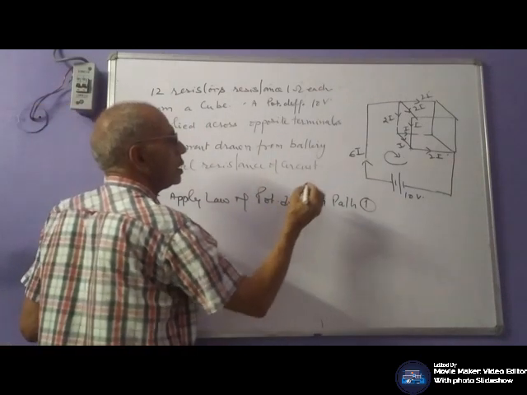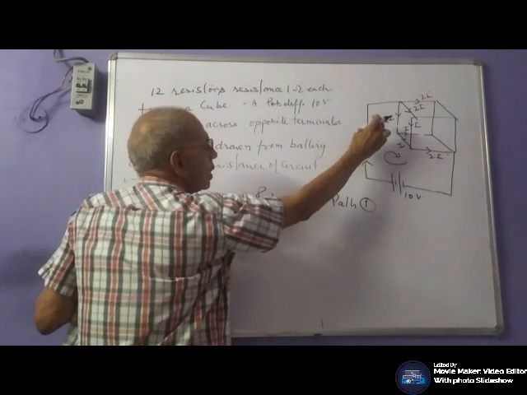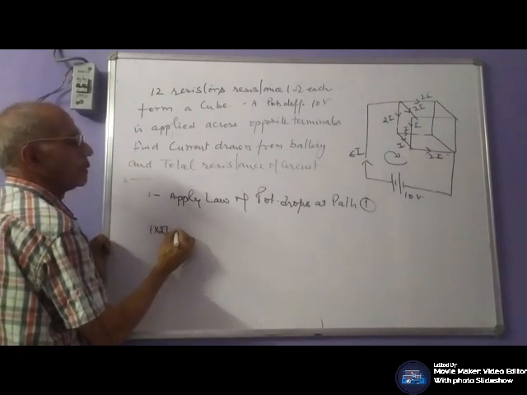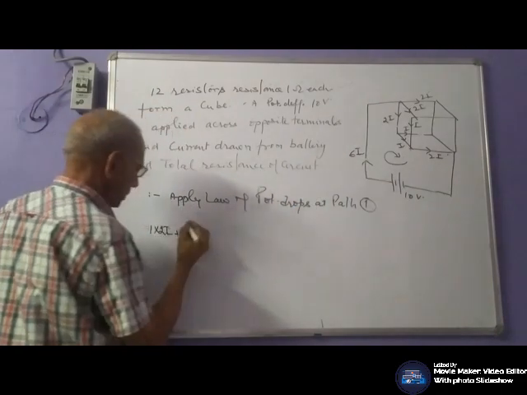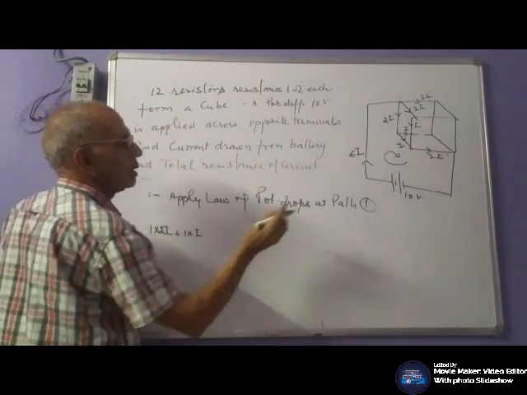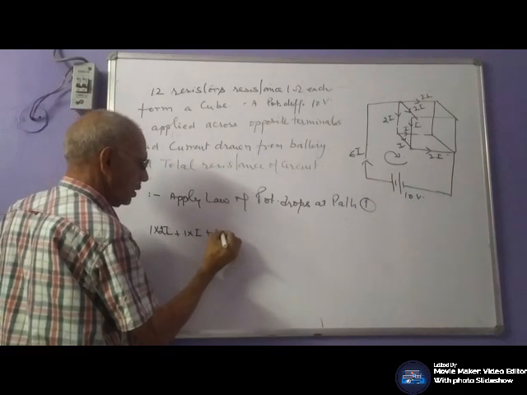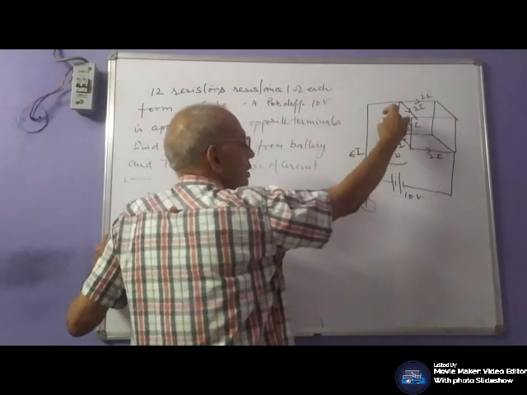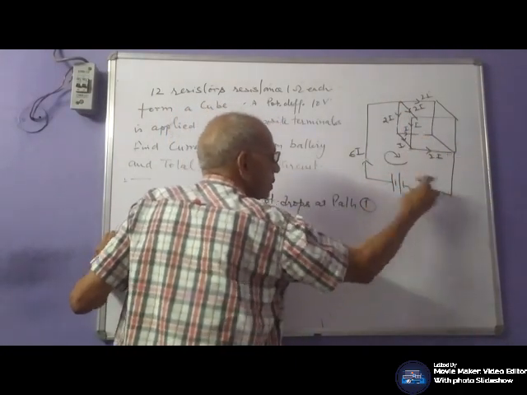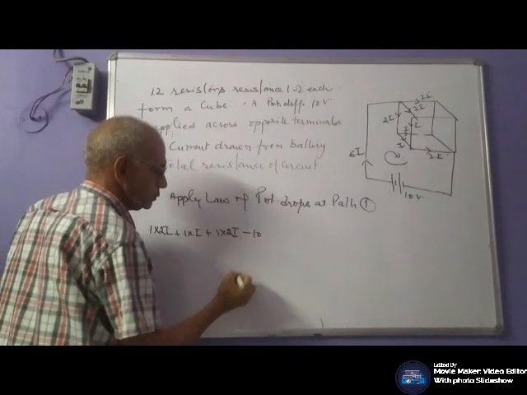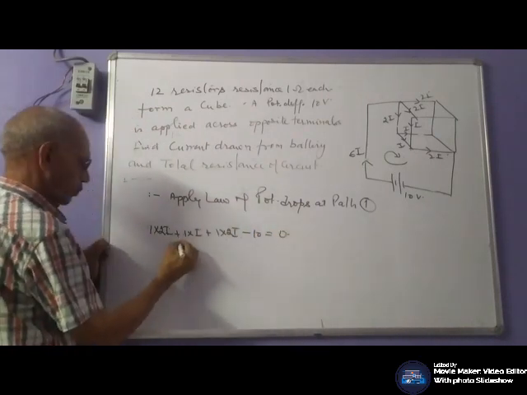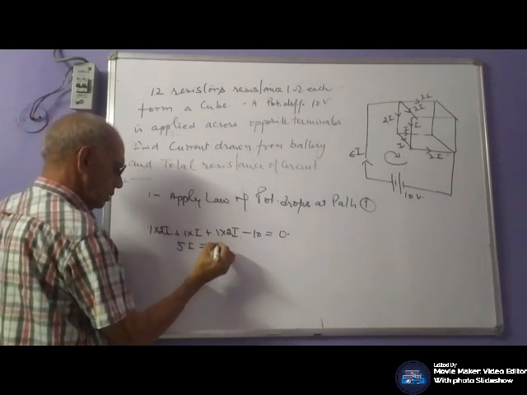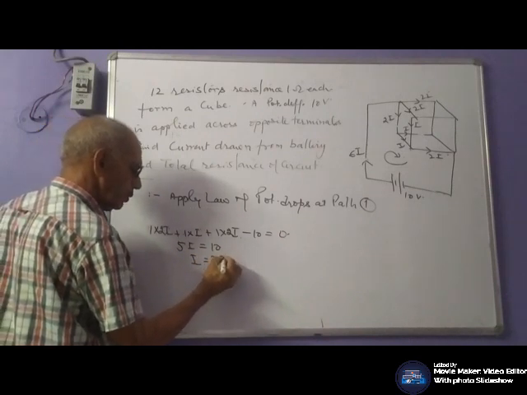R1 2I, R1 into I, 1 2I, Ri minus 10 is 0. 2 plus 1 plus 2, 5I is 10. I is 2 ampere.